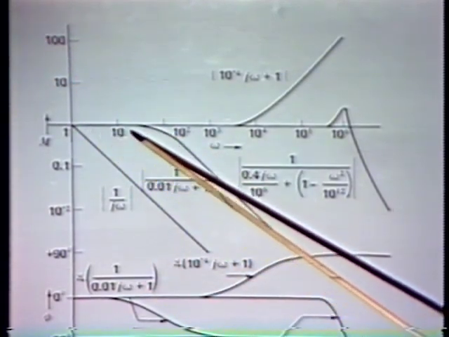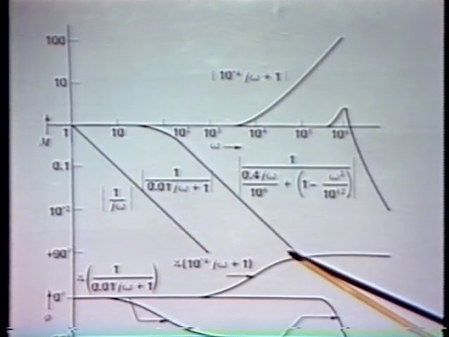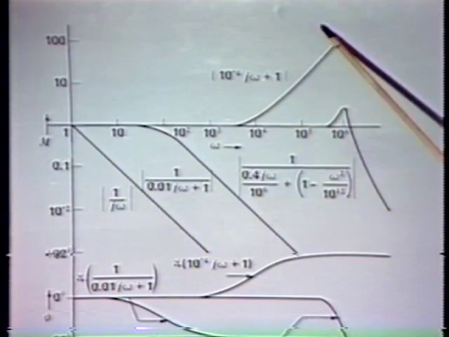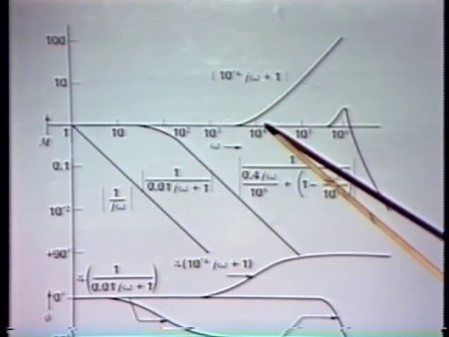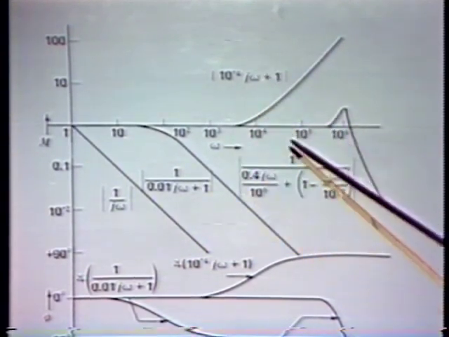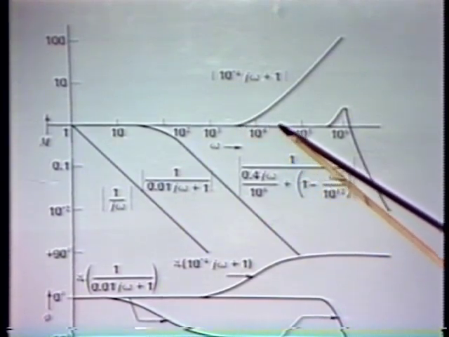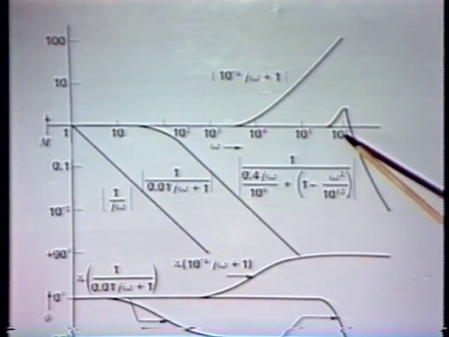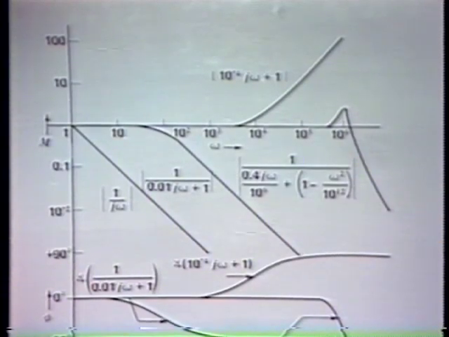We have the magnitude of the pole located at 100 radians per second. We have the magnitude of the 0 located at 10 to the 4th radians per second. And we have the magnitude of the second order transfer function, like so, located at 10 to the 6th radians per second. That's this final curve.